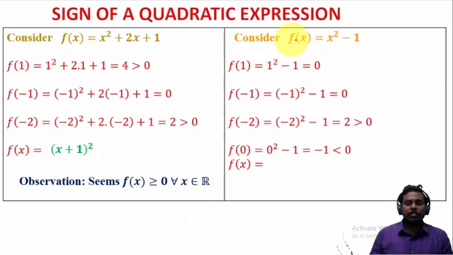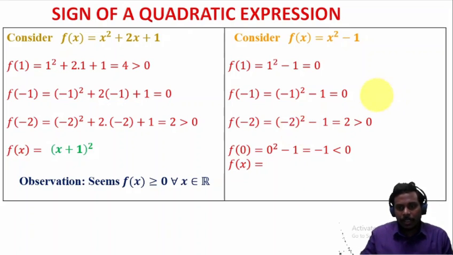Now, coming to this example, f of x is equal to x square minus 1. First I am taking the value x is equal to 1. I am substituting here, it results in 0. I am substituting -1 here, also I get 0. And I am substituting x is equal to -2 in this expression, I am getting -2 square is 4, 4 minus 1, this is actually 3, which is positive.